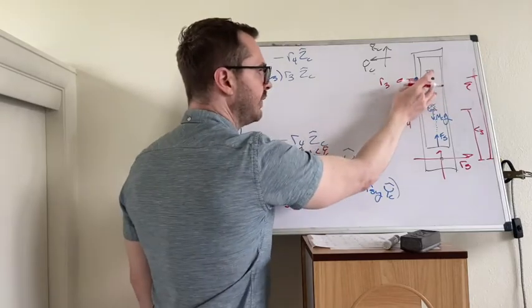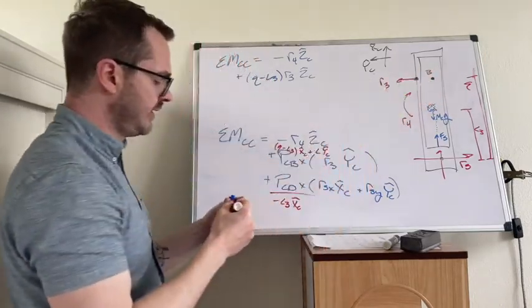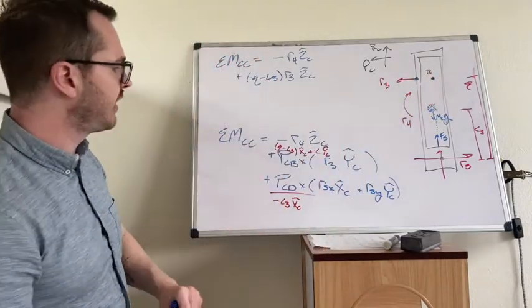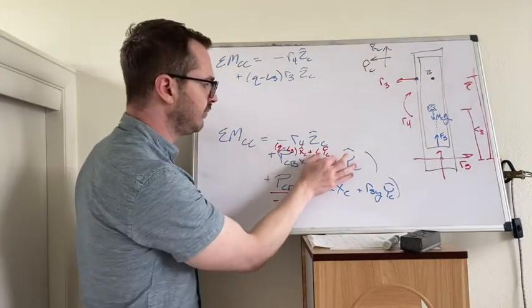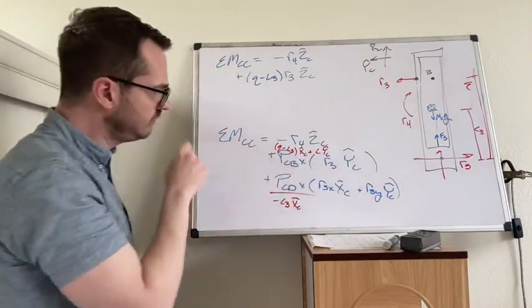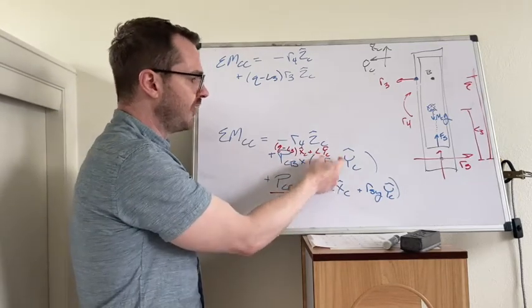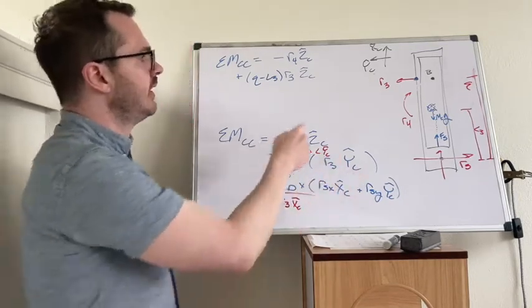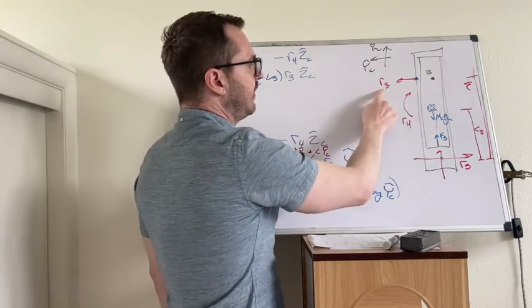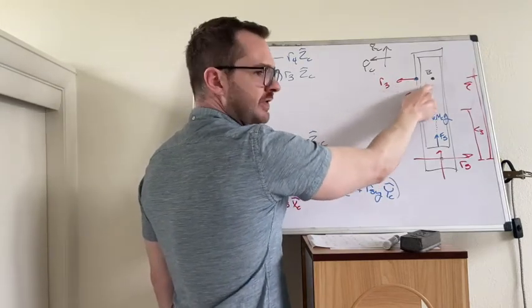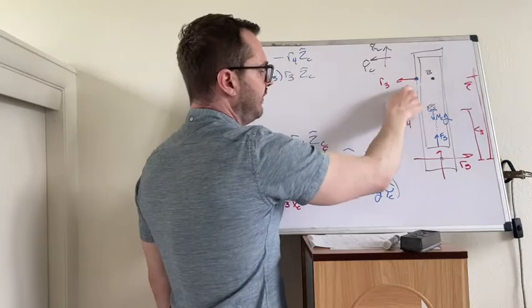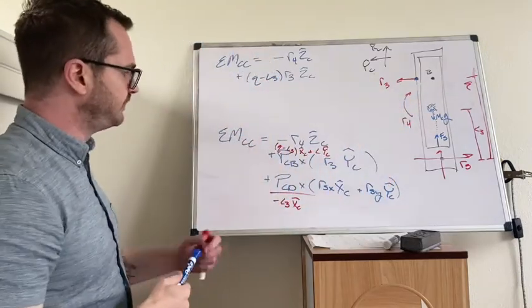If we had considered it acting at this point instead, we would have still done the same cross product. We would have had X plus Y cross Y. And of course we can distribute the cross product, and then the Y cross Y would have been 0. So when we look here at R3, it actually doesn't matter which of these two points we attach it at, we end up with the same moment.